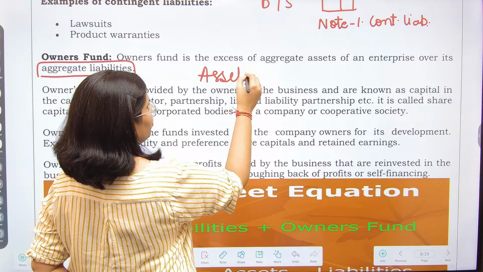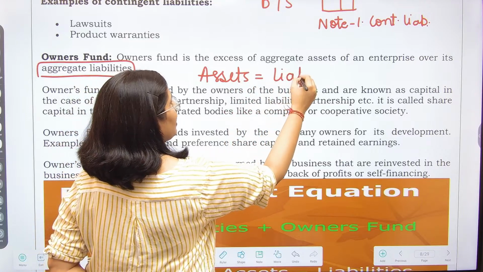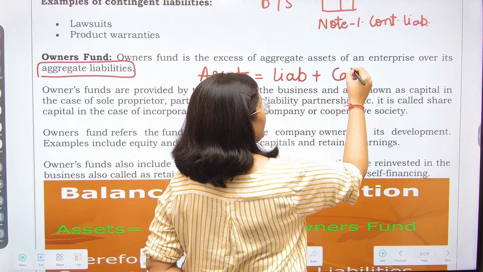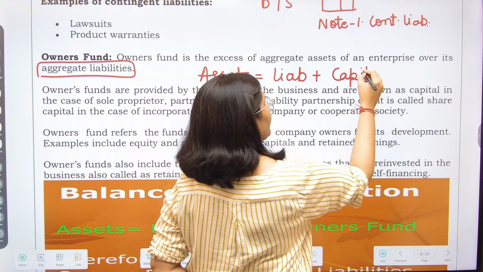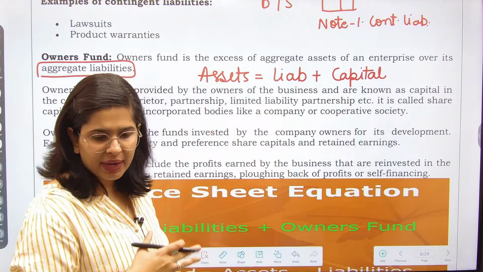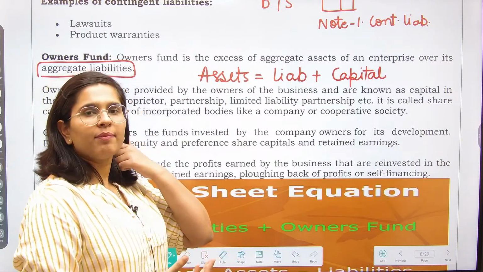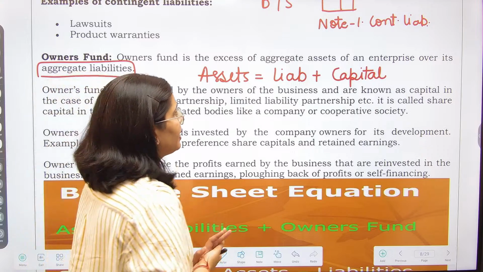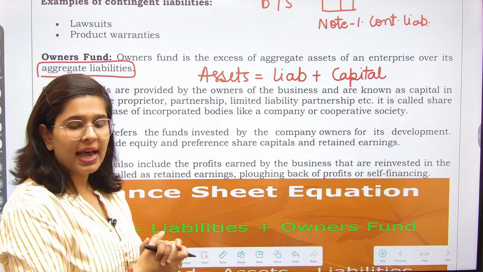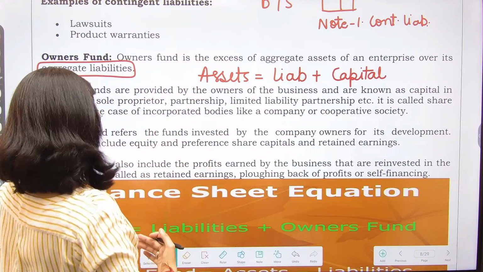Assets is equal to liabilities plus capital. Capital is also called the owner's fund. Capital means the money that the owner has brought, right? So whenever I have to calculate the capital, I will shift the liability over here and it will be called assets minus liabilities is equal to capital. Okay?